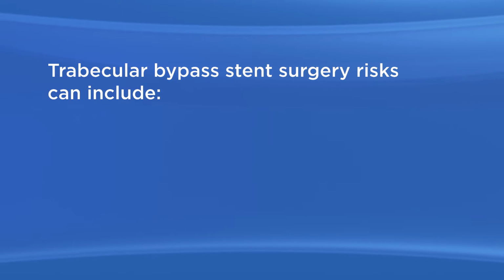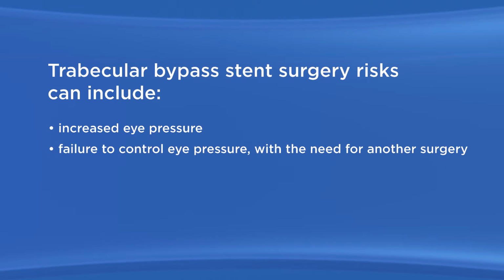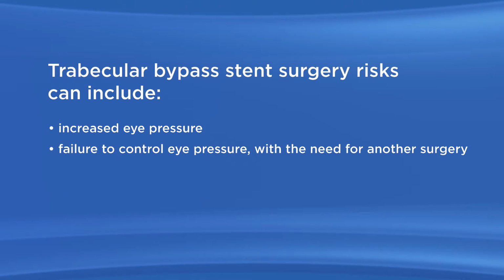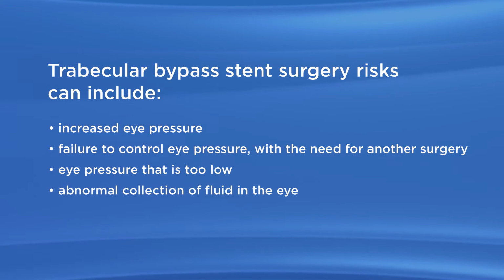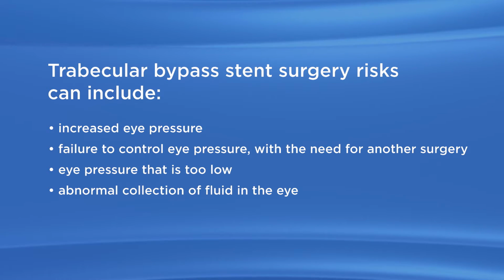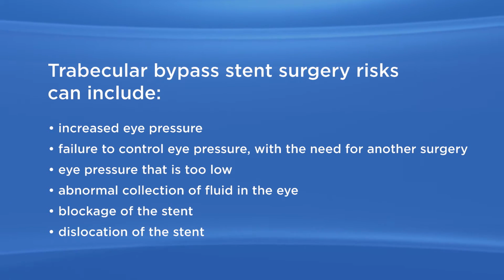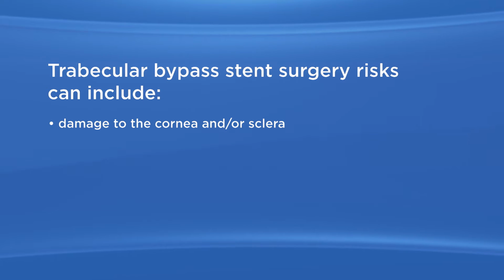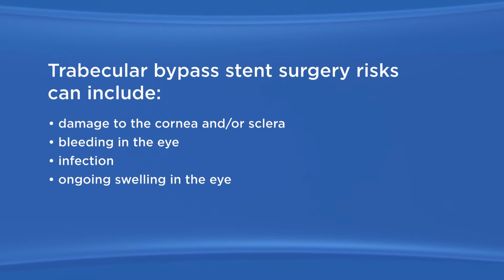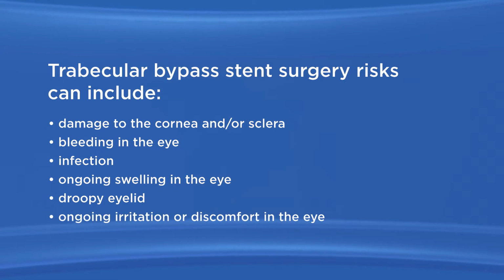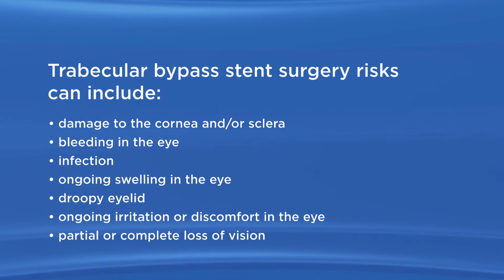Trabecular bypass stent surgery risks can include increased eye pressure, either temporary or permanent, failure to control eye pressure with the need for another surgery, either soon after surgery or much later, eye pressure that is too low, abnormal collection of fluid in the eye, possibly requiring a second surgery, blockage of the stent, dislocation of the stent, damage to the cornea and/or sclera, bleeding in the eye, infection, ongoing swelling in the eye, droopy eyelid, ongoing irritation or discomfort in the eye, and partial or complete loss of vision.